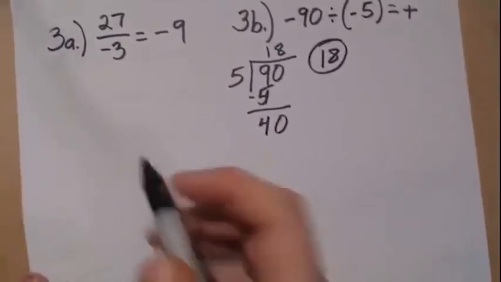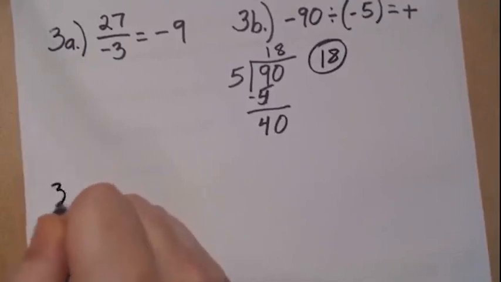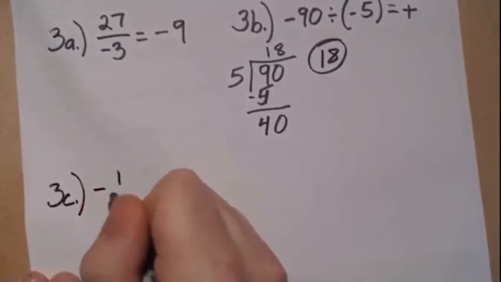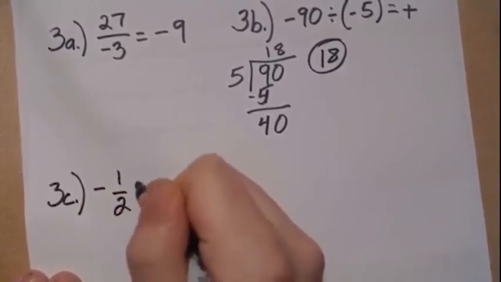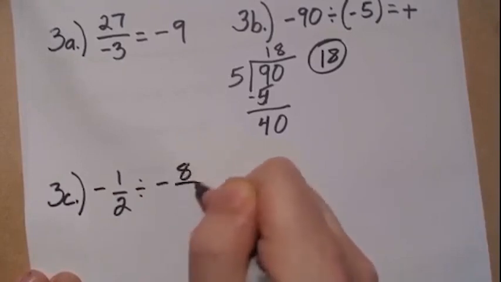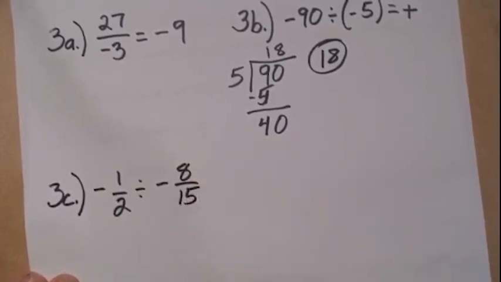Look at 3C. Negative 1/2 divided by negative 8/15.